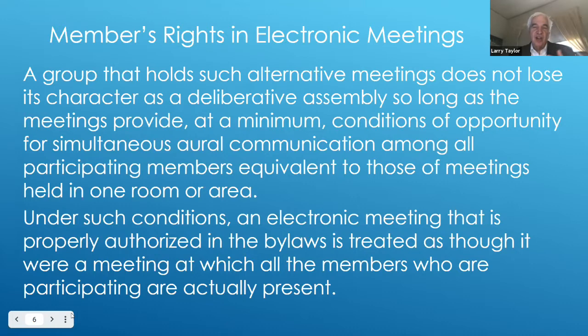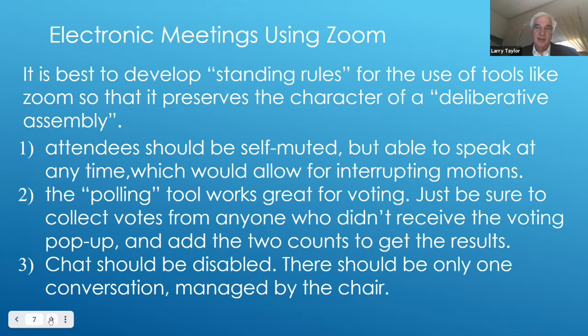Some organizations got around this by saying, well, this was declared by the state, and since the state rules predominate, then we are allowed to have electronic meetings. And as long as no one extraneously objects, you can get away with that argument. But fortunately, at this point in time, everyone has amended their bylaws and has adopted rules for governing electronic meetings.